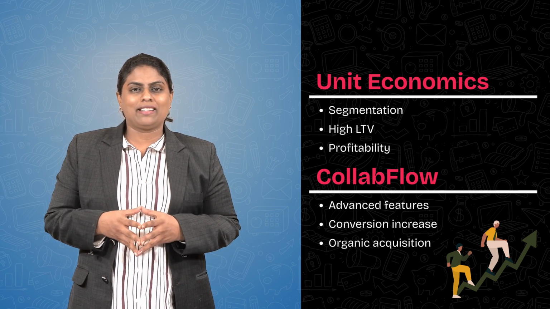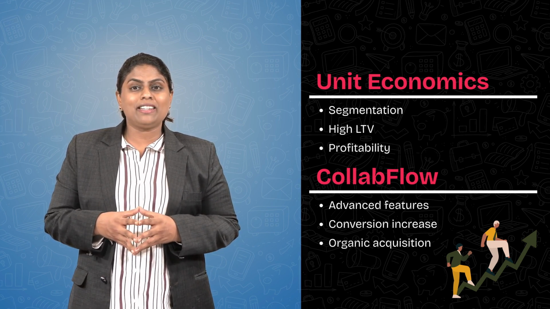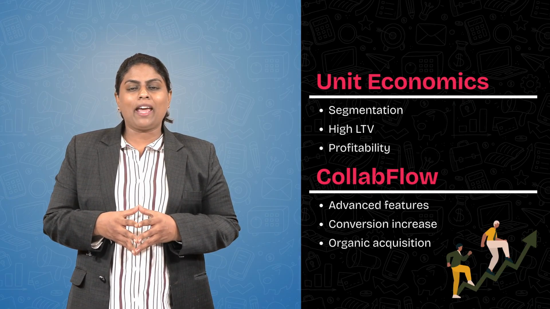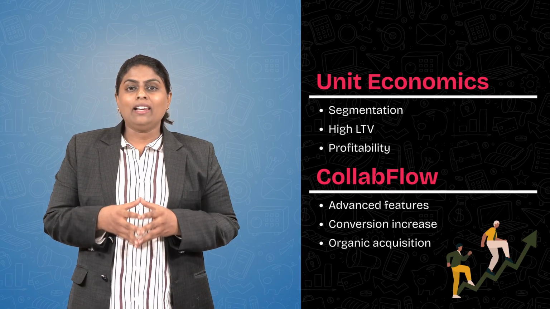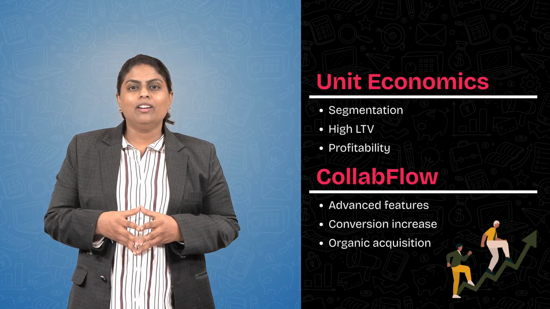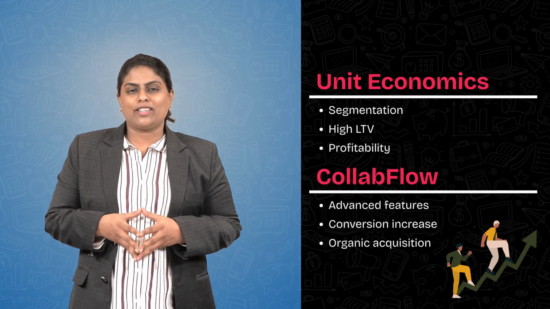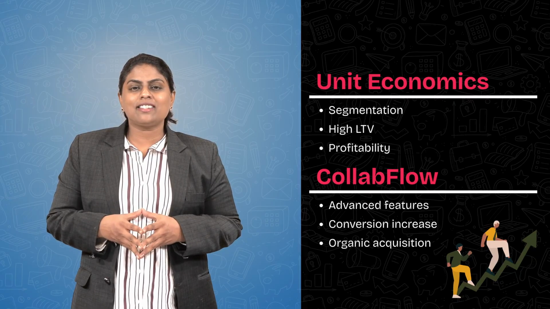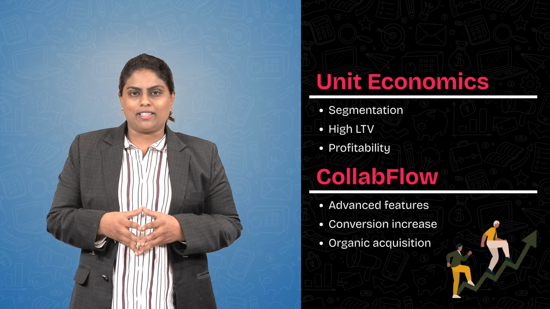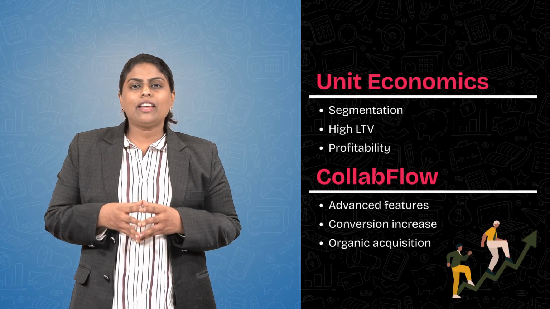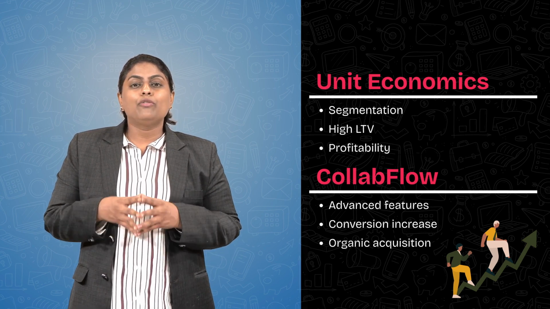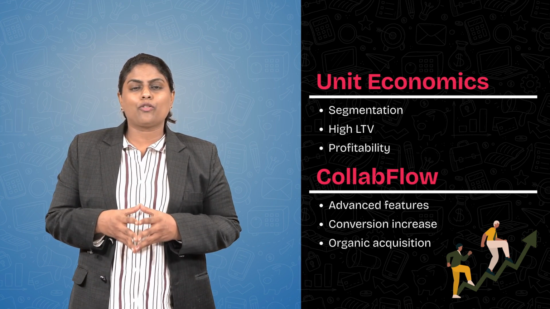CollabFlow also optimizes its freemium model by limiting advanced features such as automation and analytics to the paid plans while keeping core collaboration features in the free tier to preserve virality and organic acquisition. This change increases conversion from free to paid from 4% to 7% and raises average revenue per paying user by introducing a higher priced tier for agencies that need advanced workflow tools.